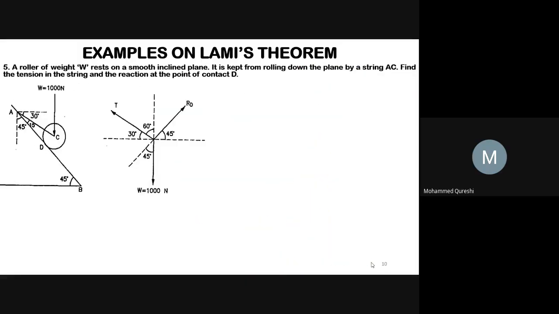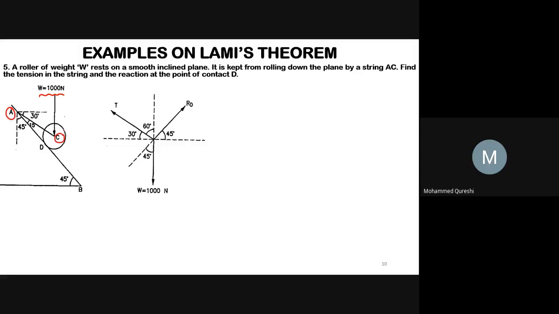Now we will go for another example, that is example number 5. A roller of weight W rests on a smooth inclined plane. Here the weight W is 1000 Newton.